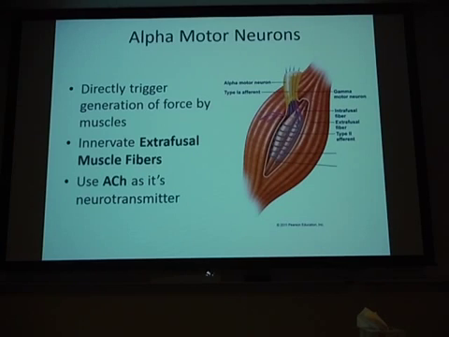So if we have an alpha motor neuron, sorry, brachial plexus. We have one alpha motor neuron coming down and synapsing on, let's just say, 3 muscle fibers: 1, 2, 3.